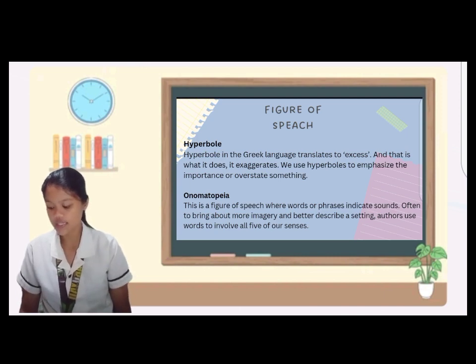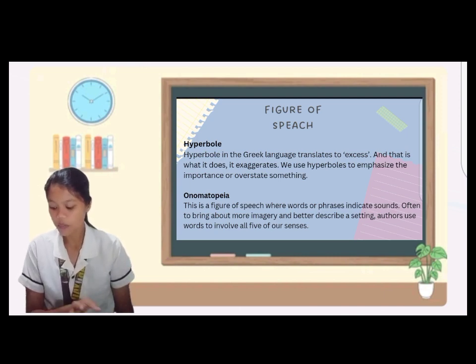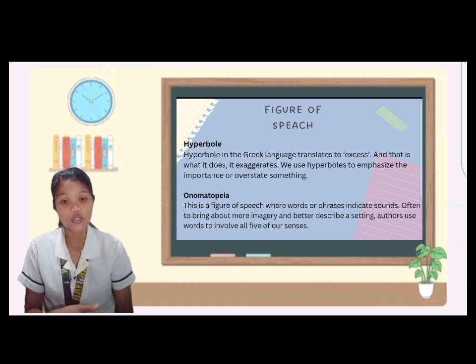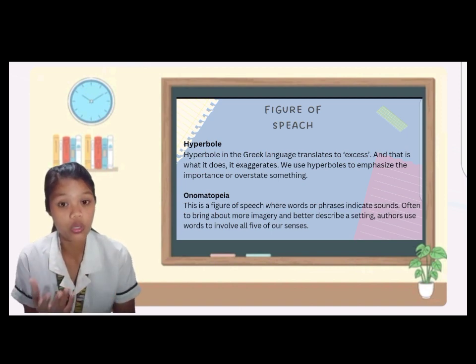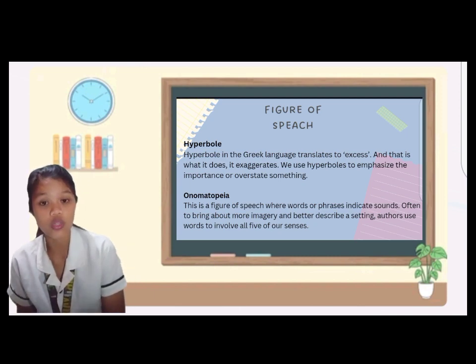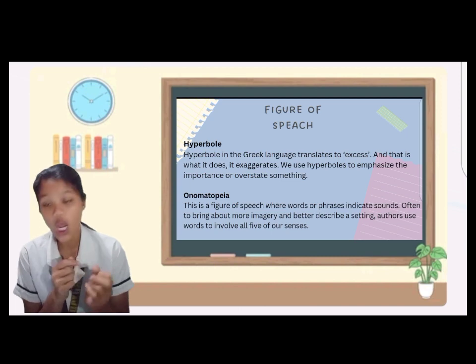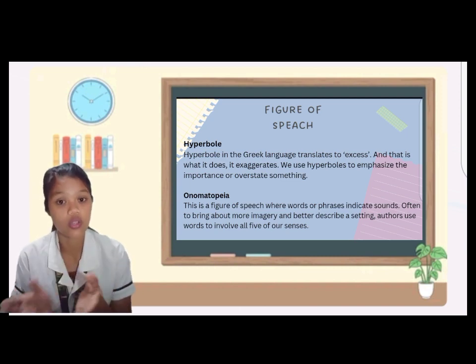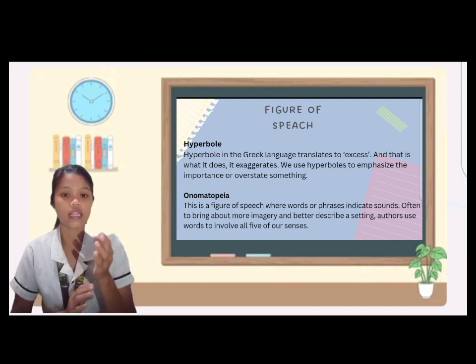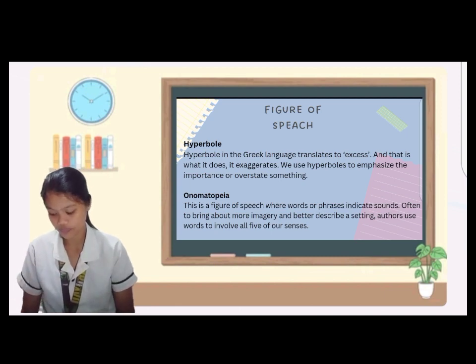So for example, the bees buzz around the garden. We use the word buzz, which is the sound of bees. So that is onomatopoeia.